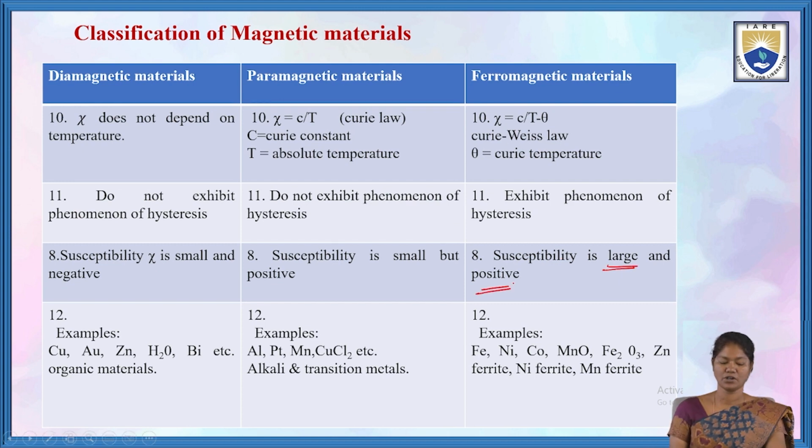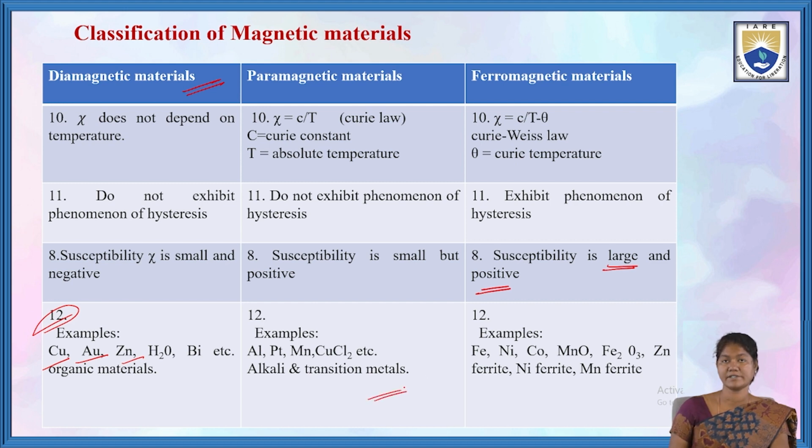For examples of diamagnetic materials, we can take copper, zinc, bismuth, and some organic materials. For paramagnetic materials, we can take aluminum, manganese, copper chloride, and also alkali and transition metals.